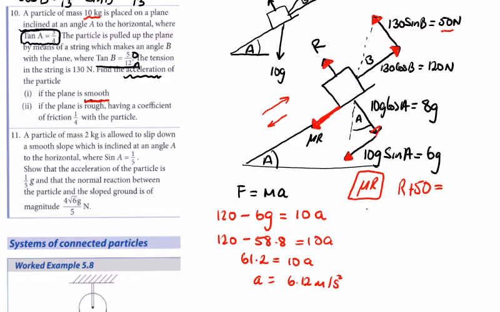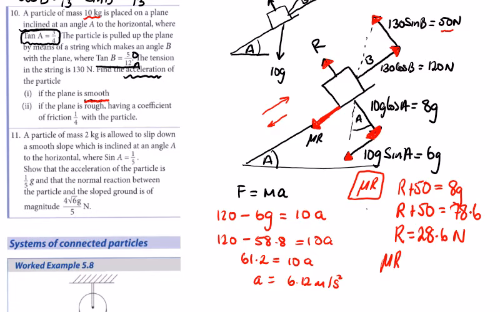This one here. So R plus 50 is equal to, what's that one? 8g. So R plus 50 is equal to 8 times 9.8, 80 minus 1.6, 78.4. So R is going to be 28.4 newtons.